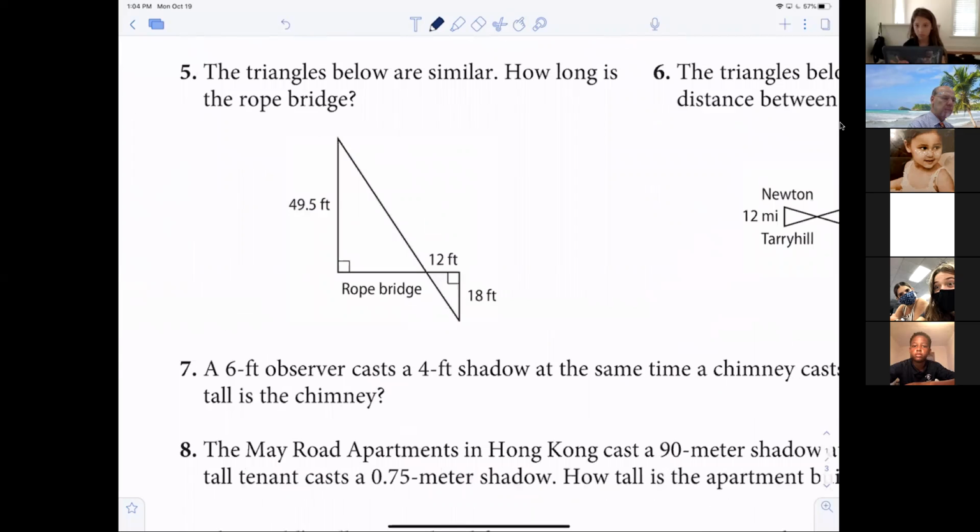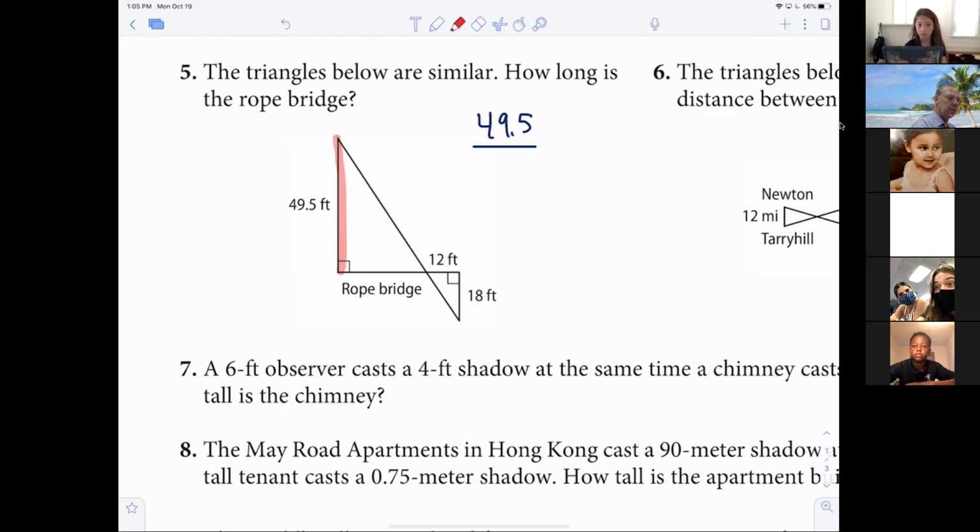Okay, so you do 49.5 over 12. Now wait a minute, this is the height.